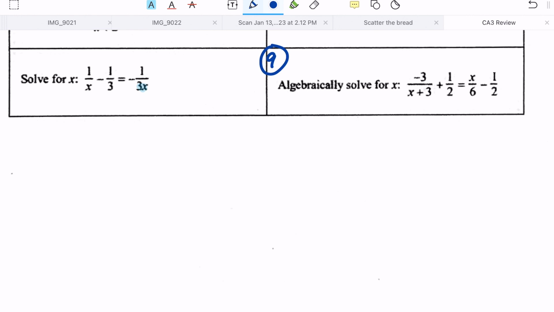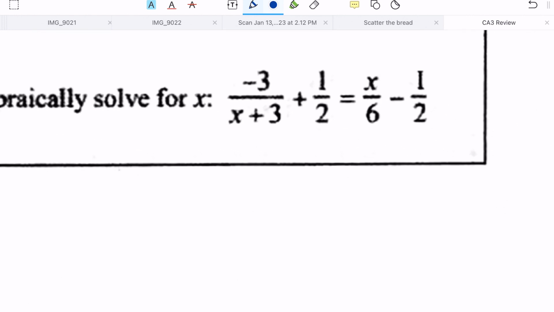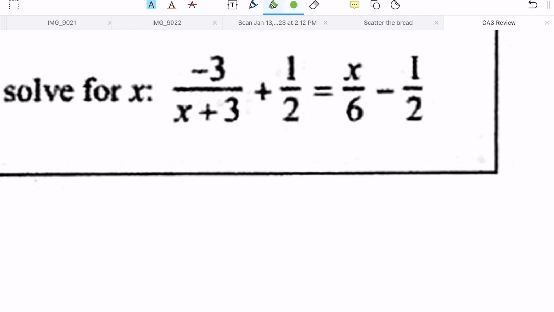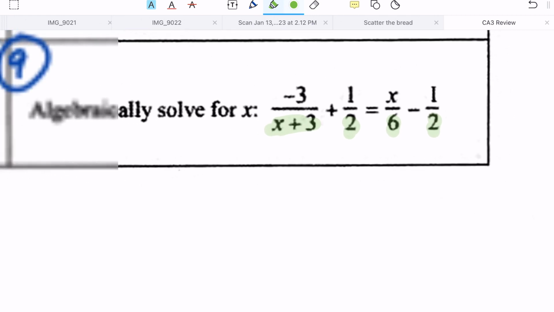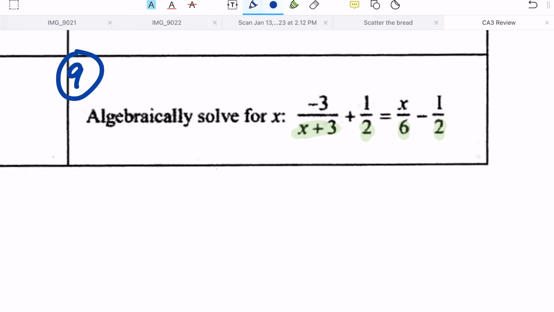To do this algebraically, solve for x. We're going to look at the denominators here. We have x plus 3, we have 2, we have 6, we have 2. So we have to find the LCD. Okay, so we definitely see that one of the factors of the LCD is x plus 3.